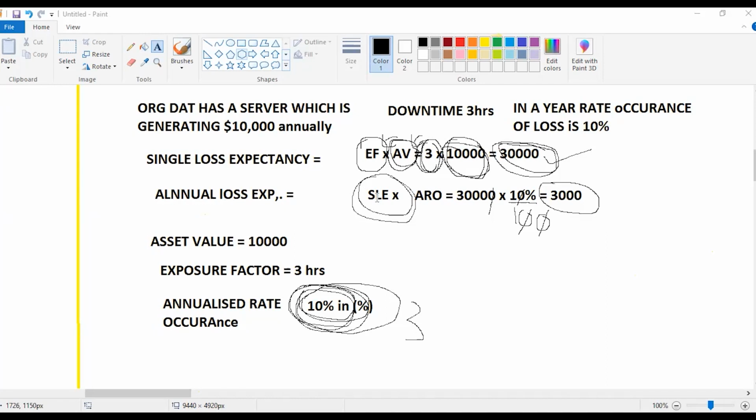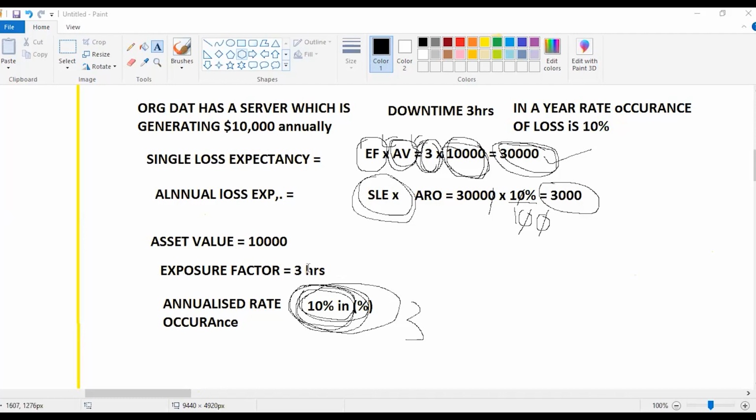Out of 100 students, only 10 students are going to face this type of question in the exam, if you're planning to give your exam. You can take any combinations; just type SLE, ALE onto Google and you will get the question.